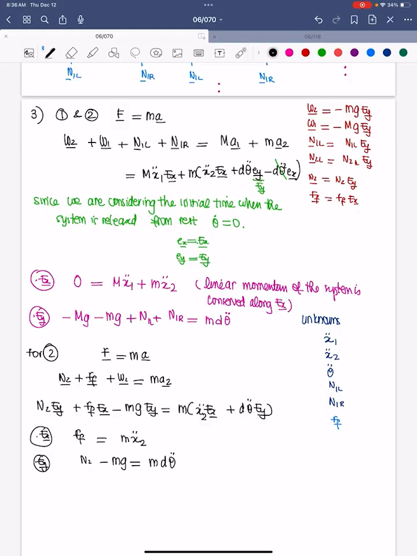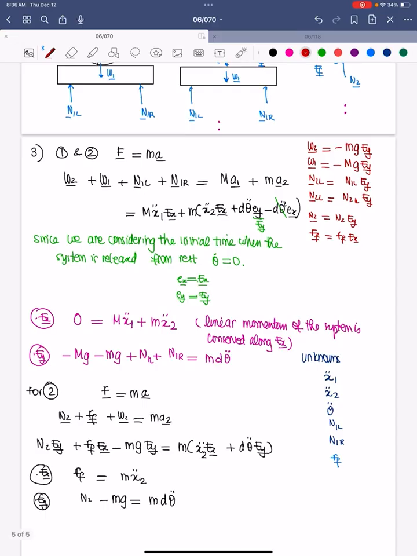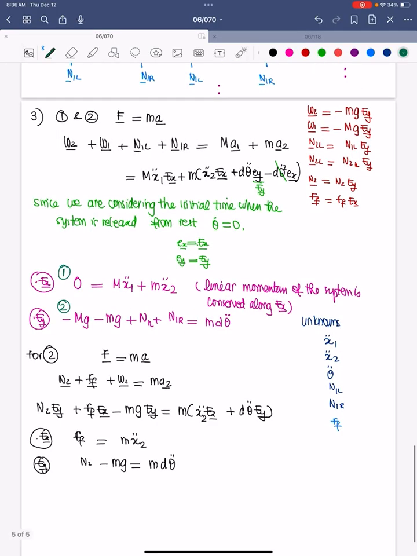So we added an equation, we did not add unknowns, so we're good. If I'm counting my equations so far, I have 1, 2, 3, 4. So 4 equations, but I have 6 unknowns.